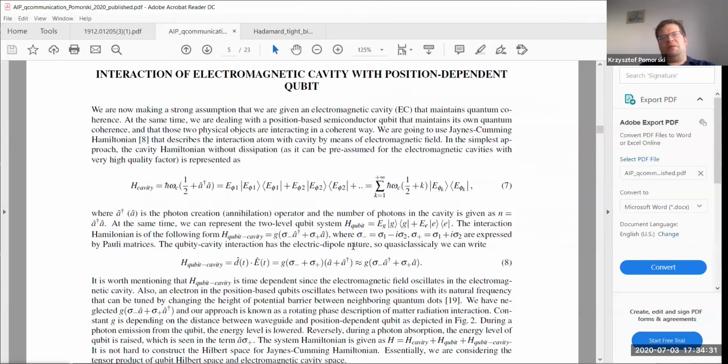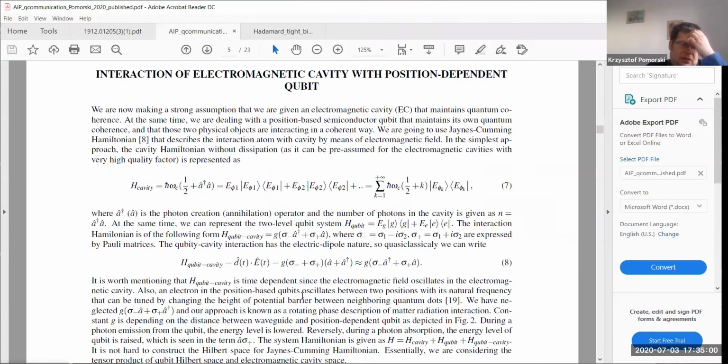This is basically the effect of a dielectric dipole that is interacting with an external electric field. That's how the dynamics of interaction between the electromagnetic quantum cavity and the qubit works. All right, so there's equation 8.